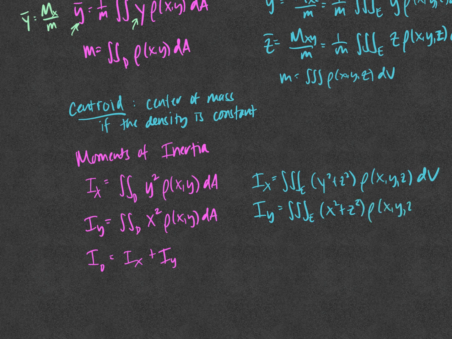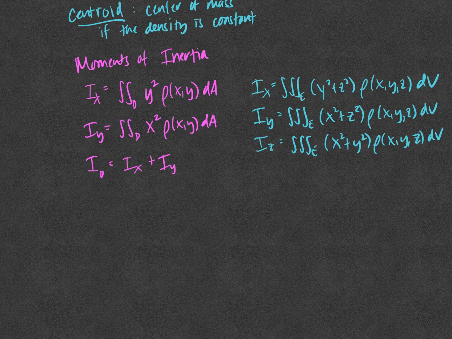That's because the rules of math don't change. We just step it up and add to it. The moment of inertia for z is accordingly x squared plus y squared times rho of xyz with respect to the volume. And that pretty much handles that. We don't have the moment of inertia about the origin on this one.